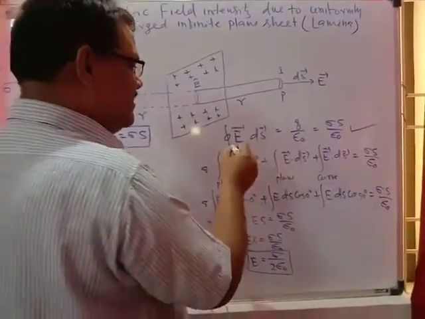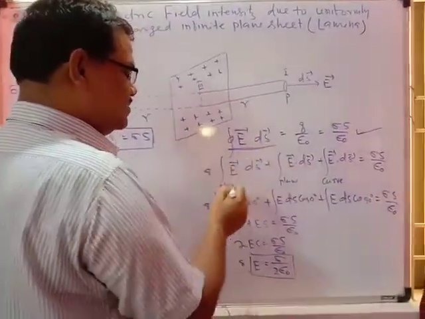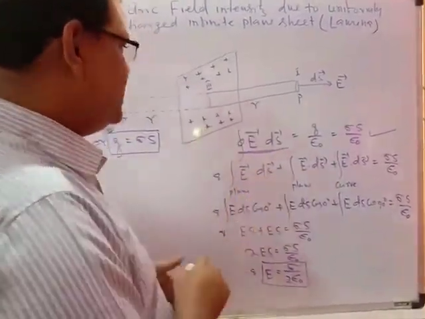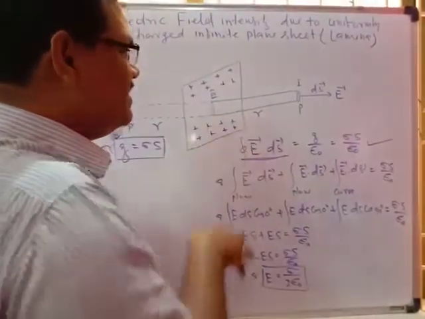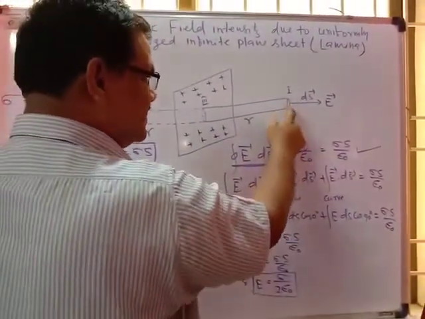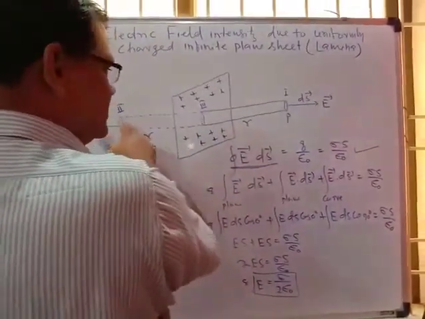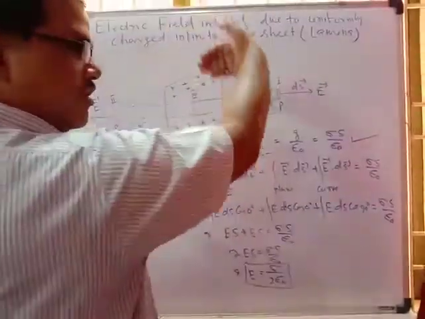So what will be the closed integral of E vector dot ds vector? How many surfaces are enclosing the lamina? This is one plane surface, this is another plane surface, and this is one curved surface.